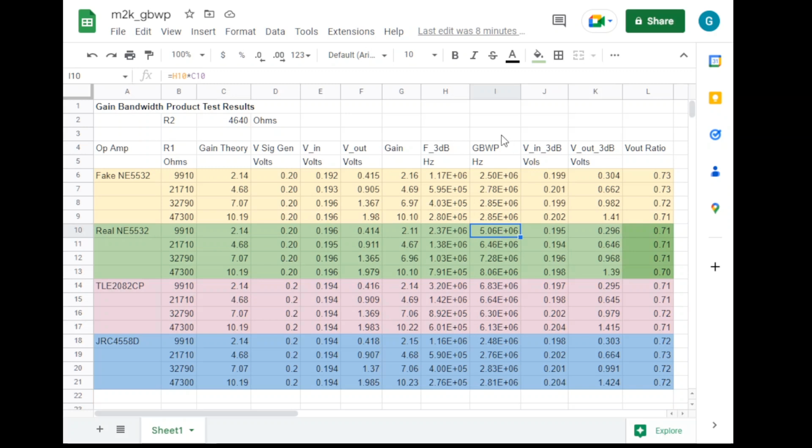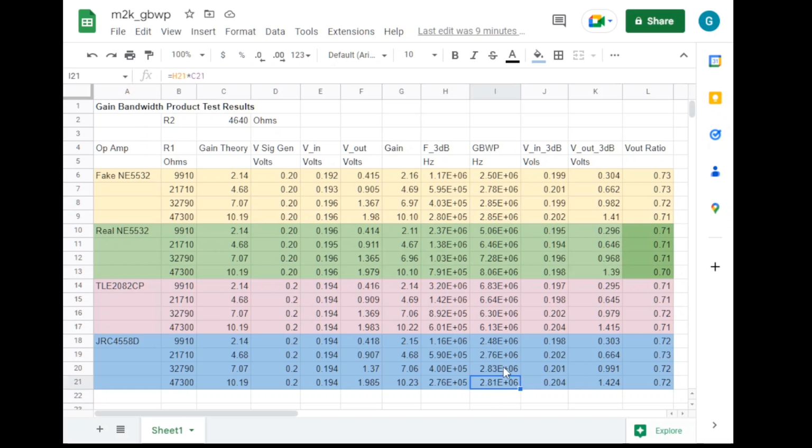One thing that I find a remarkable coincidence: if we look at the performance of the JRC 4558 from the kit, the results are almost identical to this NE5532. See, 2.5 versus 2.48, 2.78, 2.76, 2.85, 2.83, 2.85, 2.81.